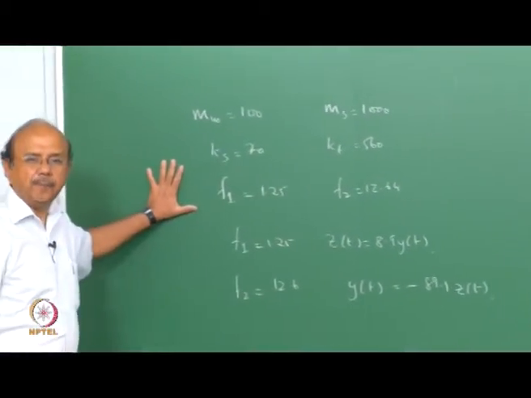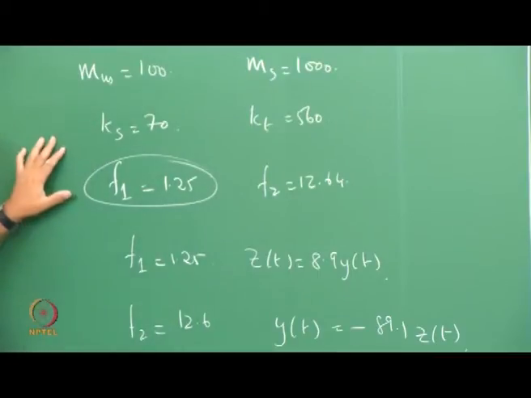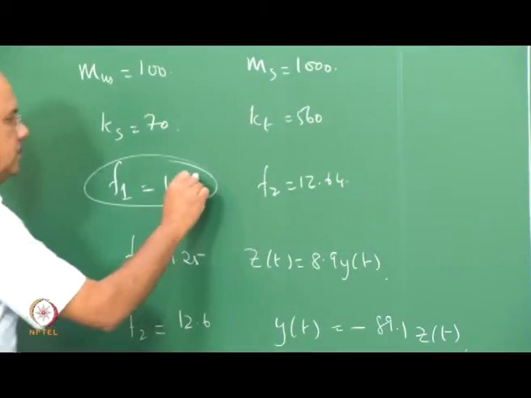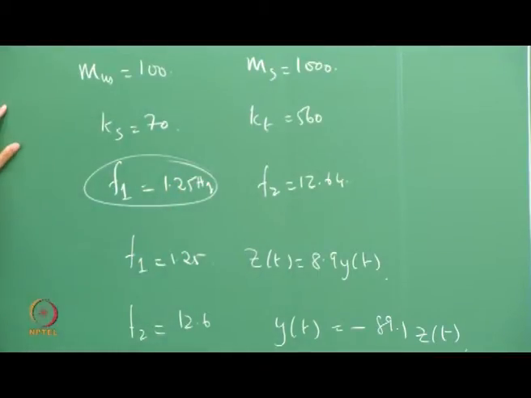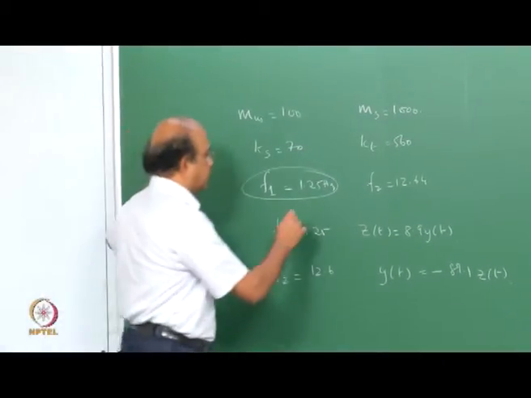These are typical values. This omega 1, which is hertz of course, 1.25, is a typical value and usually is between 1 to 1.5 for all the cars.